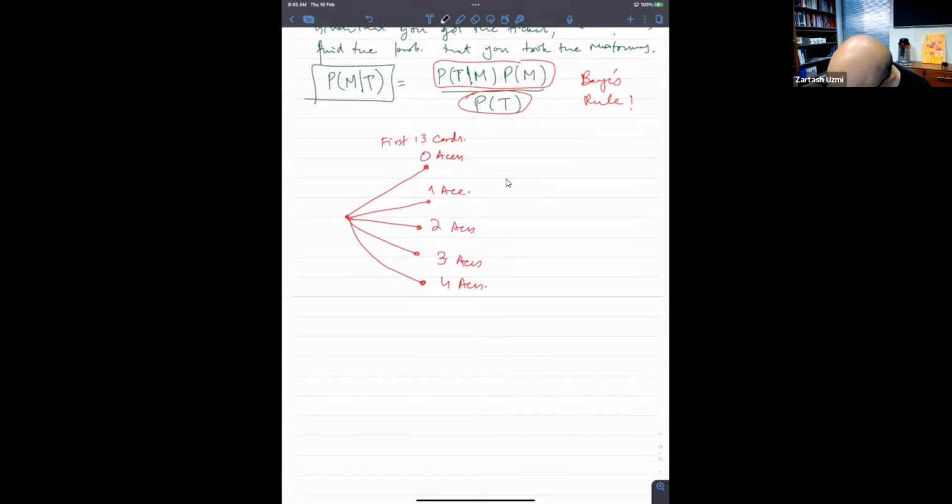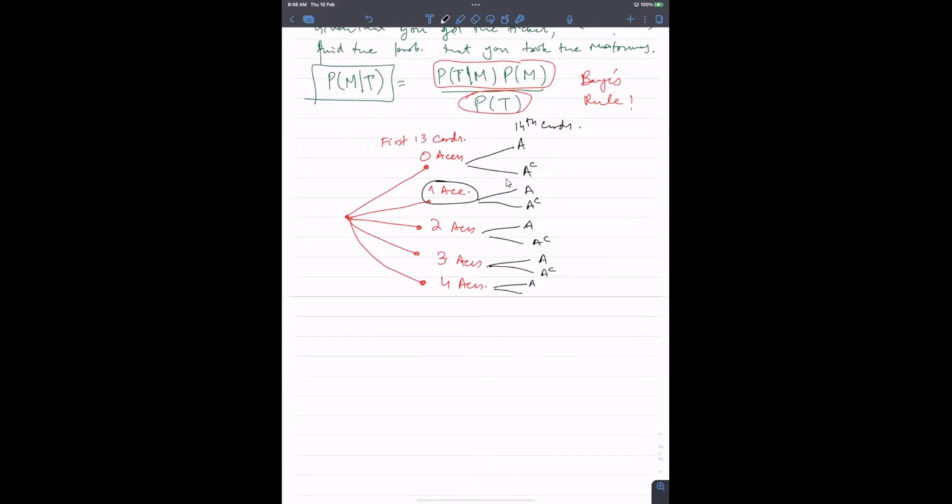If you got 0 aces in the first 13 cards, then on the 14th card there is still a chance that you get an ace or get the complement, no ace. Similarly, in the first 13 cards, if you got just one ace, then there are 2 possibilities: ace or ace complement, ace or no ace.